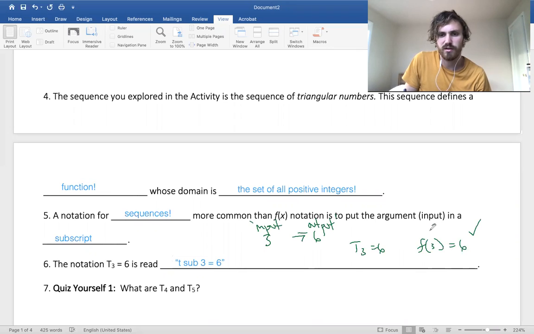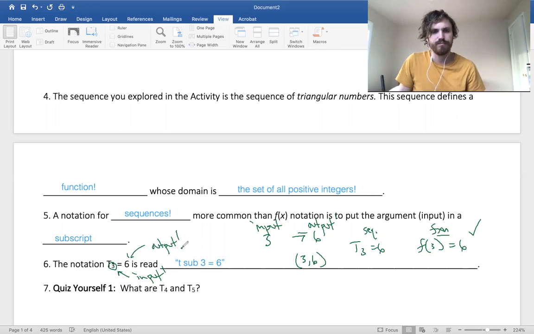This is sequence notation, and if we wrote it as a coordinate pair, it would be (3, 6). So we have to read this as the input and this as the output.